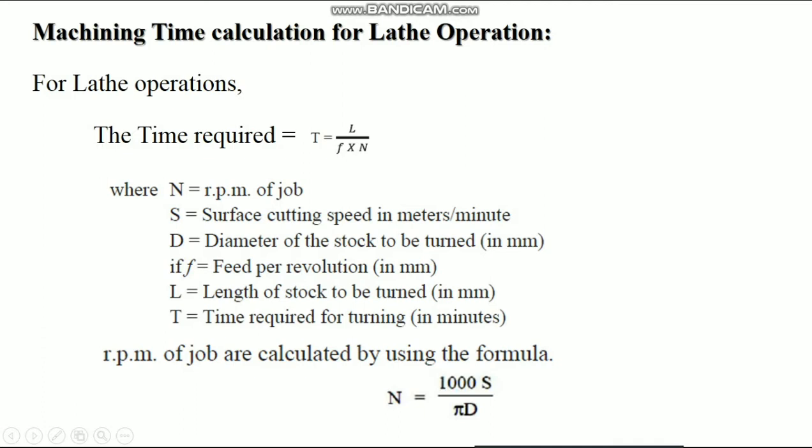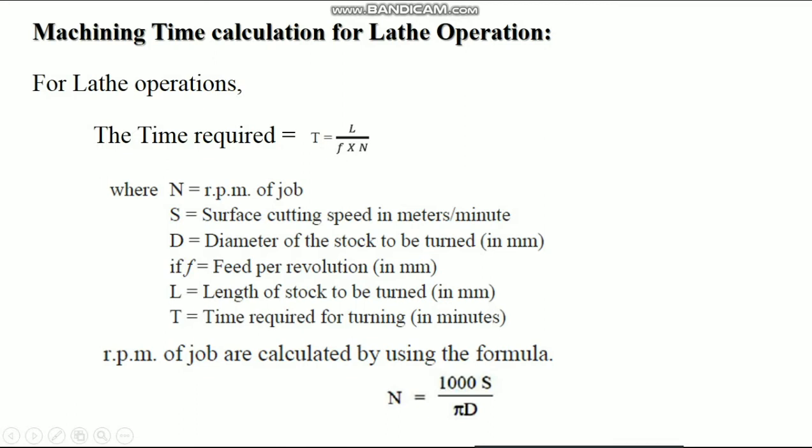Now we can see the terms, where N is equal to RPM of the job. In lathe operation, almost always the job will be in rotation, so we want the RPM of the job, N. Then S is the surface cutting speed in meters per minute.